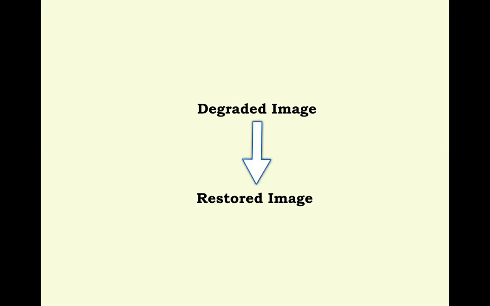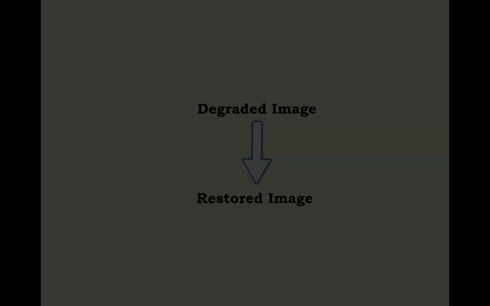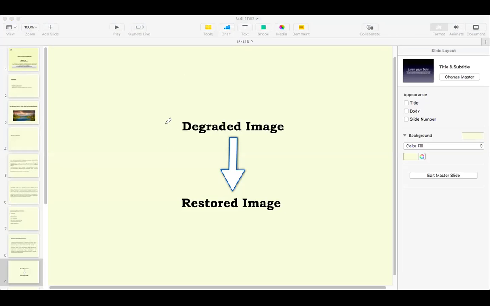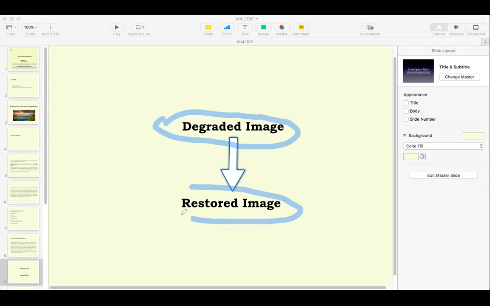Now this is a degradation process. So this is a degraded image, and this is the path from, say, transmitter to receiver, or from one place to another where the image is transported. So at the final side we are getting this image.